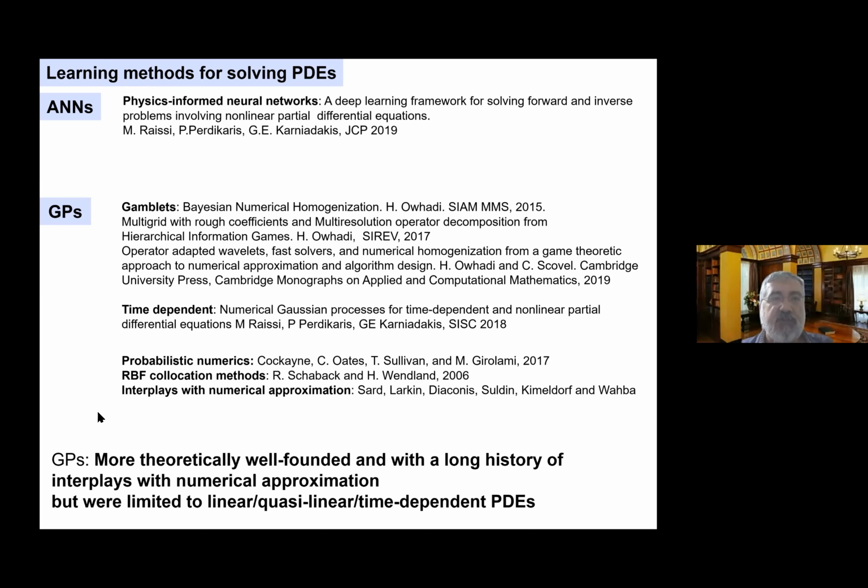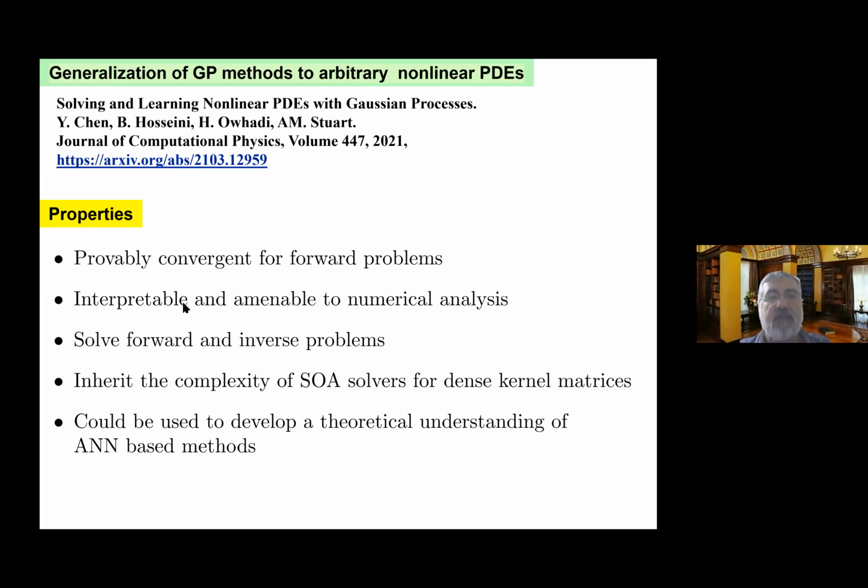Although the Gaussian process approach is more theoretically well-founded and has a long history of interplay with numerical approximation, it was essentially limited to linear, quasi-linear, or time-dependent PDEs. And the result that I will present now is the generalization of Gaussian process methods to arbitrary nonlinear PDEs.